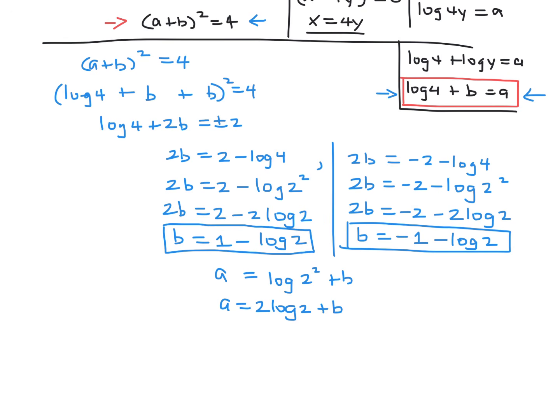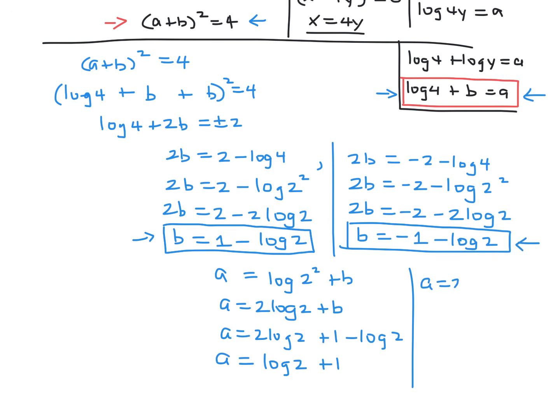If I put this guy in, it'll be a is equal to 2 log 2 plus 1 minus the log of 2. And that becomes the log of 2 plus 1. And if I use this guy, it will be a is equal to 2 log 2 minus 1 minus log 2. So that is a is equal to the log of 2 minus 1. Okay.